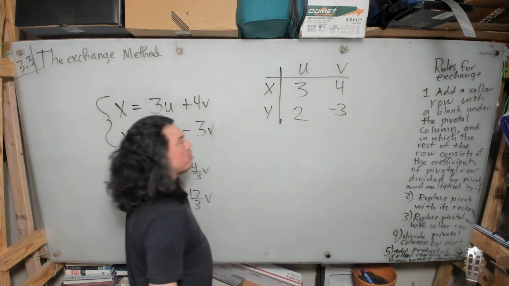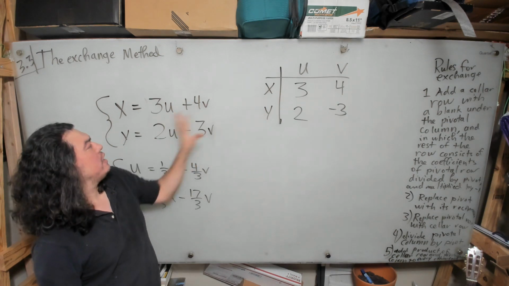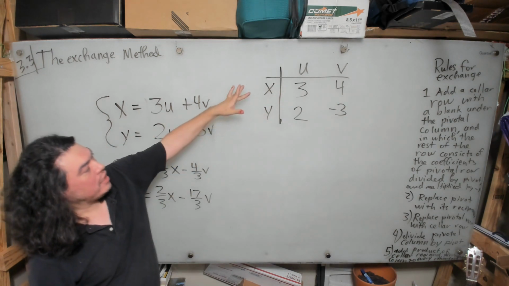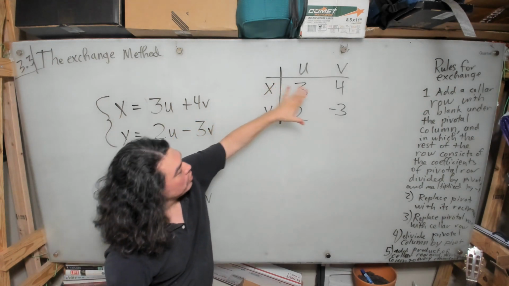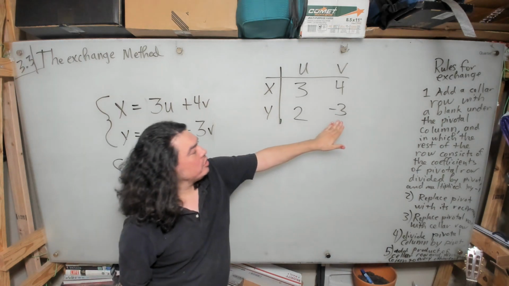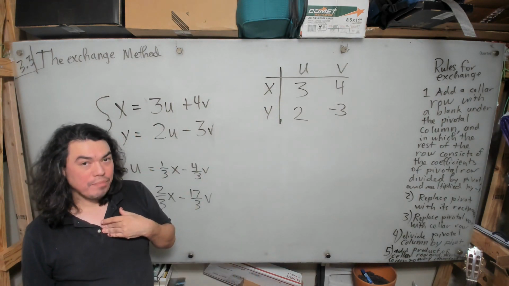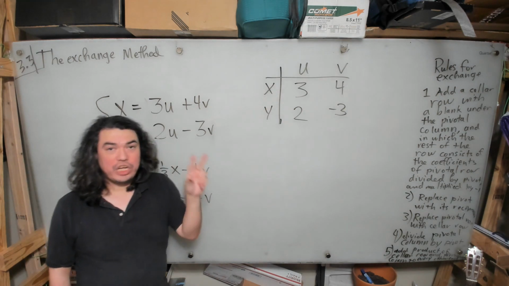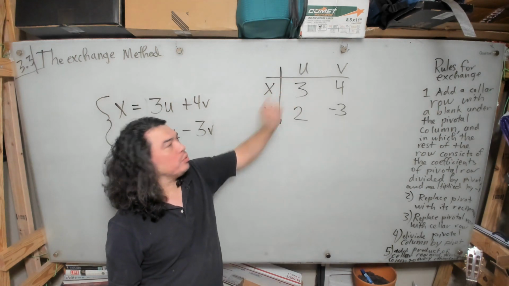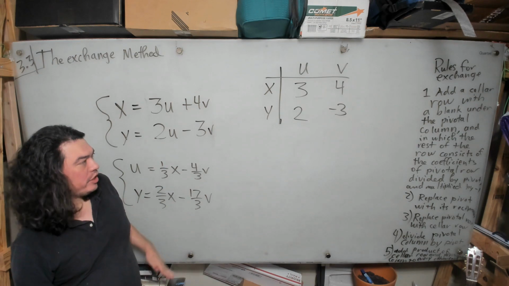Okay. So in other words, this tableau can be read to represent a system like this. Okay? I can see that x is equal to 3u plus 4v, and I can see that y is equal to 2u minus 3v. Okay? So now I'm going to perform the exchange step to exchange the variable x with the variable u. Okay? And of course, we already know what the answer should be over here. Okay?